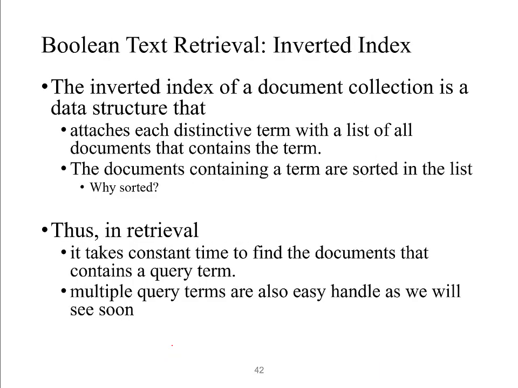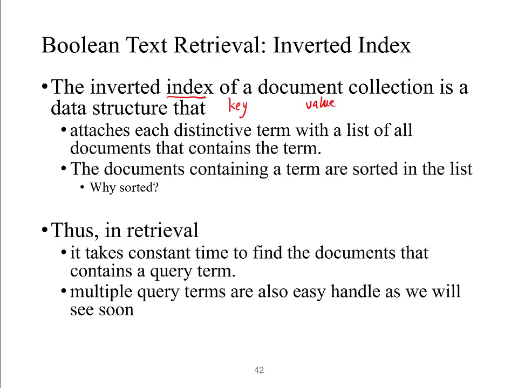Now, in order to speed up the retrieval process, here we use a data structure called an inverted index. The inverted index of a document collection is a data structure that attaches each distinctive term with a list of all documents that contain the term. All right, so it is an index, and for an index, it must have a key and value, right?